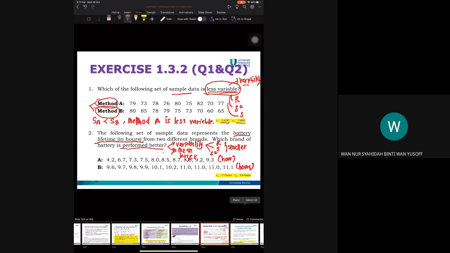So first, the keyword is perform better. And second, because of the lifetime here, the variable also contributes to that. A battery will perform better if it has a longer lifetime. That's why the mean should be greater.